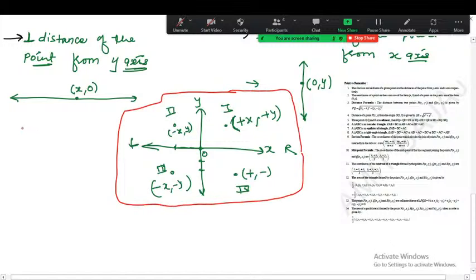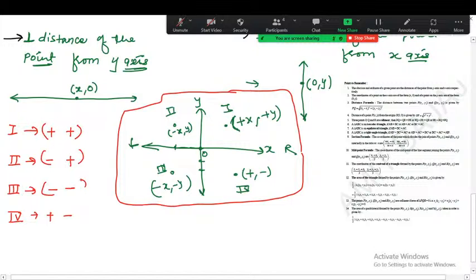It's important for you. For the first quadrant, the sign is plus plus. For the second quadrant, it is minus plus respectively. For the third one, we have both negative, and for the fourth one, x is going to be positive but y is negative. I'm representing it as they actually look.